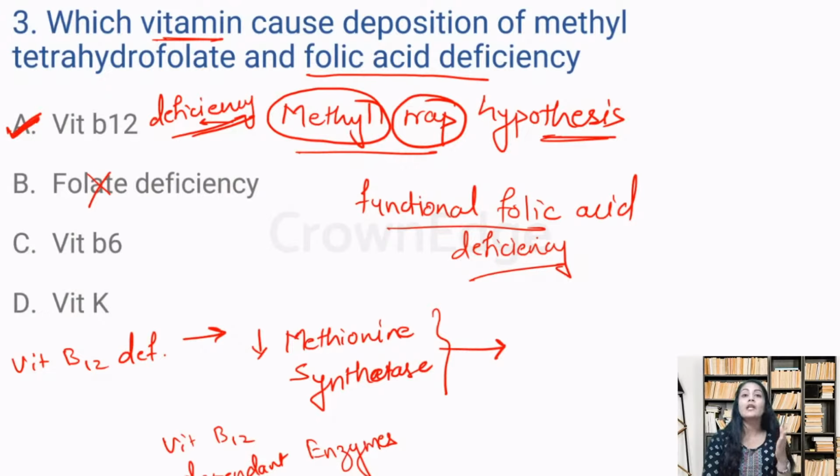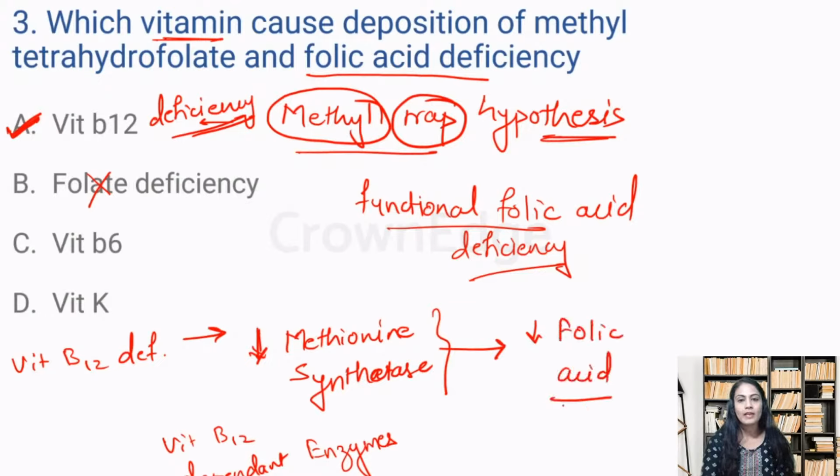If tetrahydrofolate is not formed, the folic acid cannot be used, because we have to remove the methylated form into the tetrahydro form, right? So that's why remember, that is going to decrease methionine synthase, and that is going to decrease the folic acid.